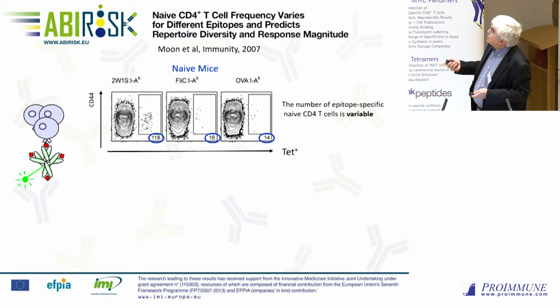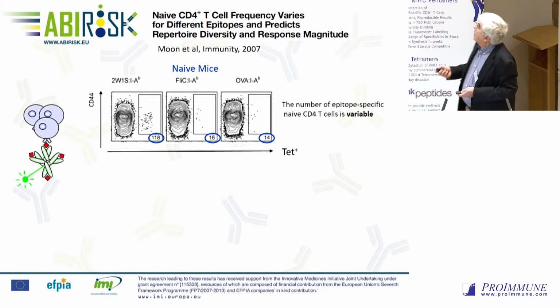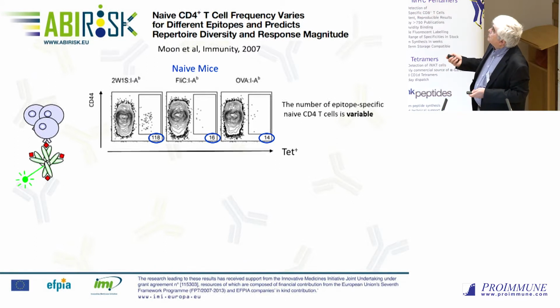They use a tetramer specific for different epitopes in mice, and these tetramers allow them to track the specific T cells. They did these experiments using naive mice, and they tracked in the complete spleen of the mice, and you see that there are very few cells. But the number of cells is very variable. It depends on the epitope.